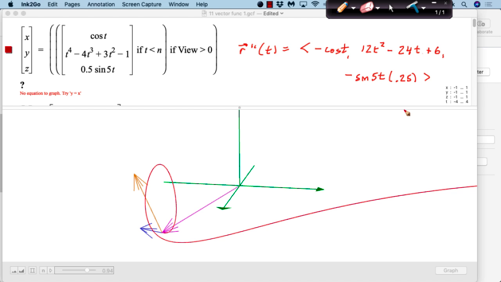All right, so what's the acceleration due to speeding up and slowing down, and what's the acceleration due to turning? Don't know, right? It's all mixed together in there. It's all intertwined. So with those formulas that I just showed you, you can separate it out. You can do r prime dot r double prime over the magnitude of r prime.